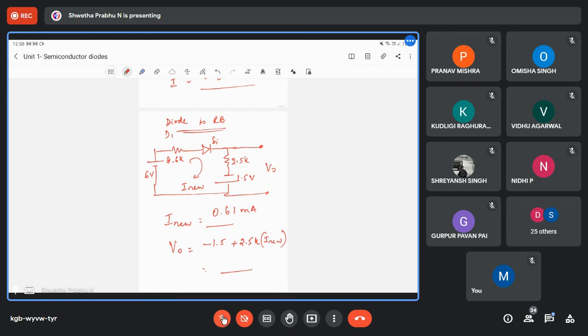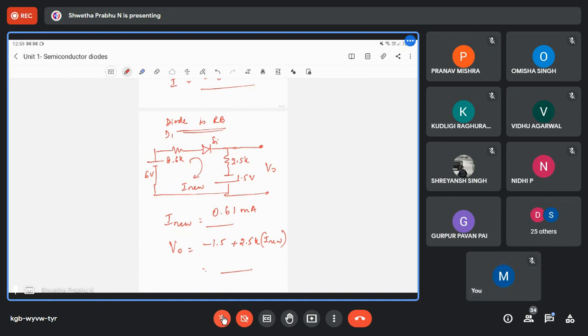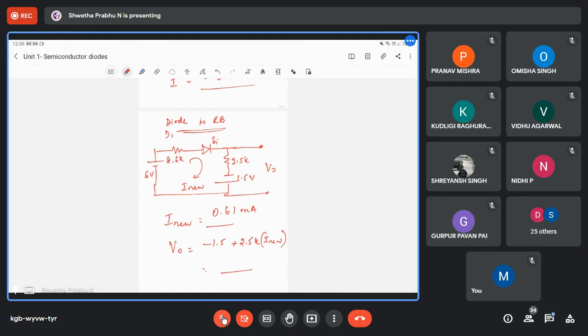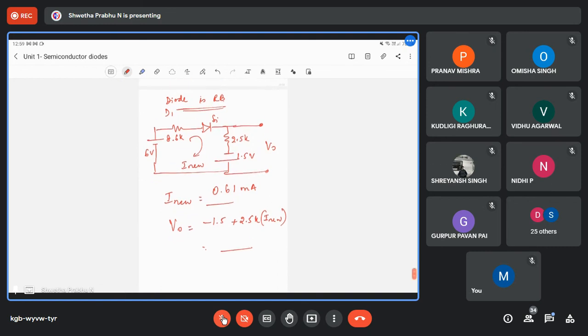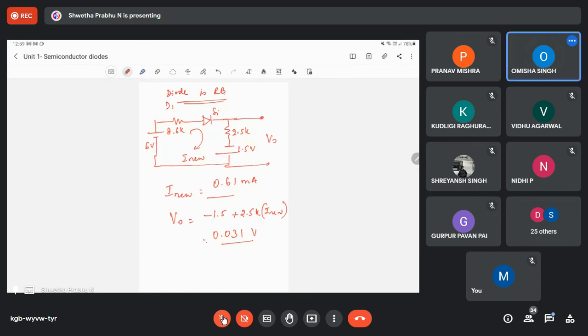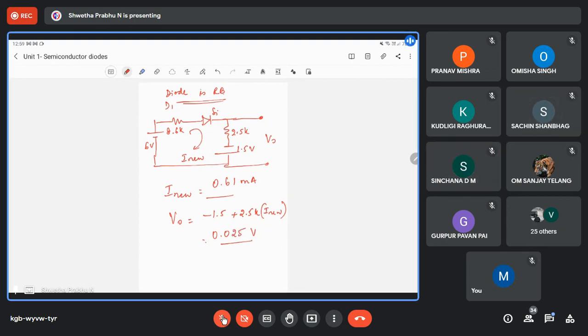What is the answer? 0.025 volt. Is this the answer? It will be 0.025. Okay, fine.